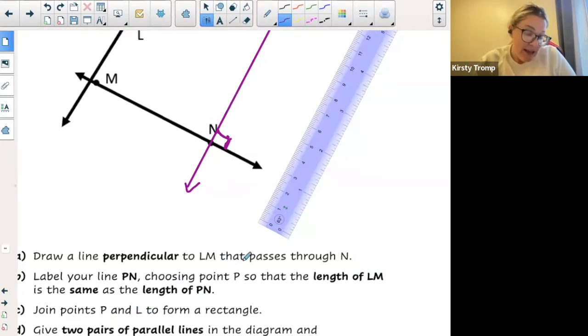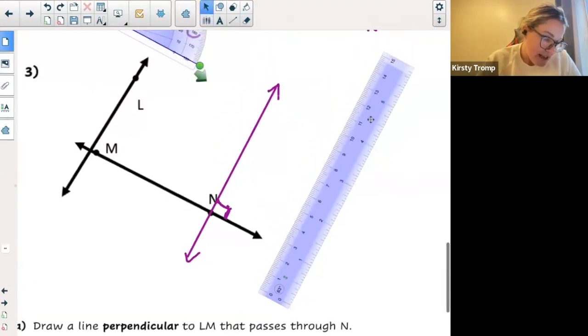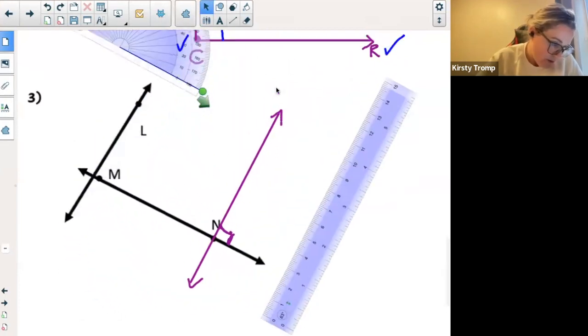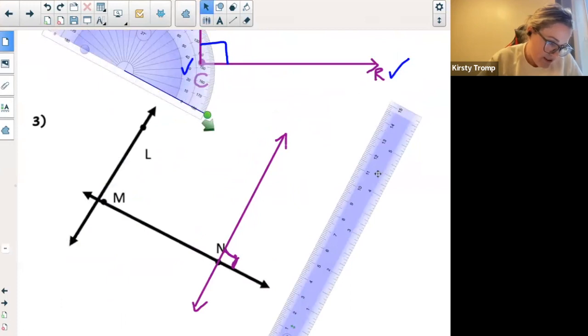Choosing point P so that the length of LM, so we can go measure this length of LM. I can take my ruler, okay? If it lets me take my ruler, let's see. Oh, no, it doesn't want to let me use my ruler tonight, Mr. Hugo. Okay, I can take my ruler.